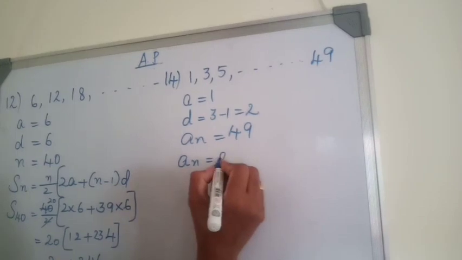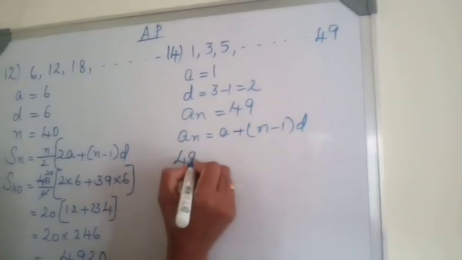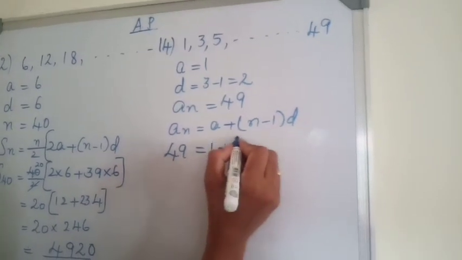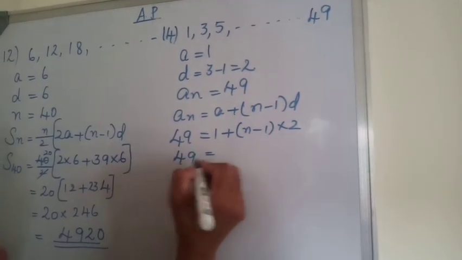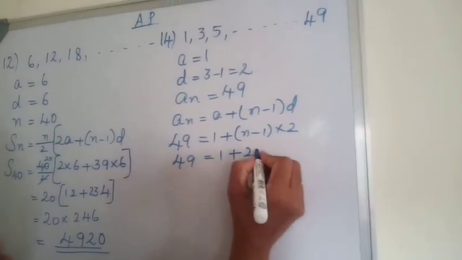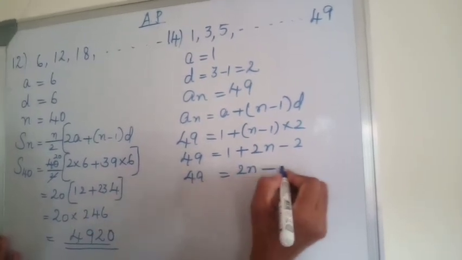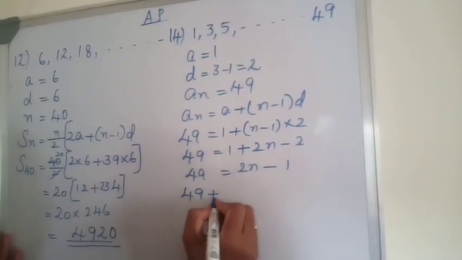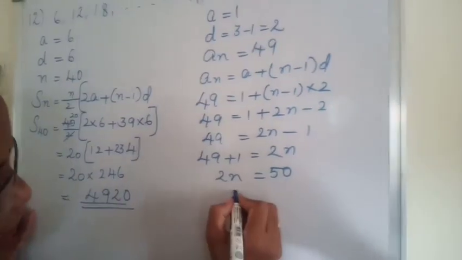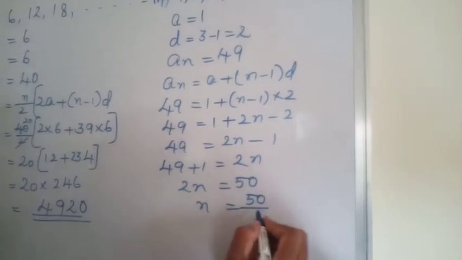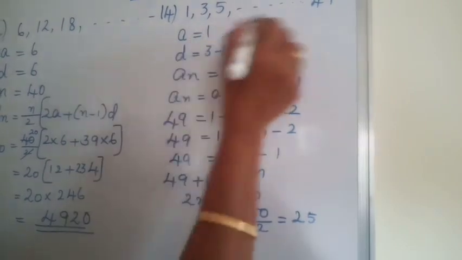An equals A plus N minus 1 into D. 49 equals 1 plus N minus 1 into 2 equals 1 plus 2n minus 2. 49 equals 2n minus 1. 49 plus 1 is equal to 2n. 2n equals 50 and n equals 25. So there are 25 odd numbers between 1 and 50.